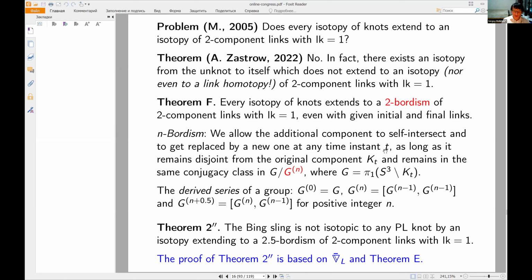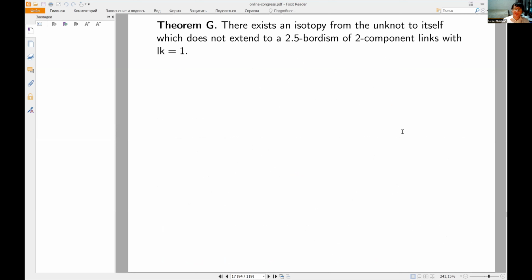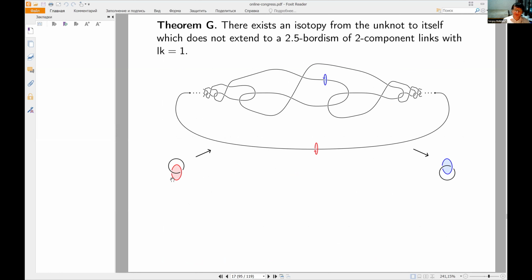But unfortunately, these two numbers are different. And so one can ask, okay, can one put 2.5 in this theorem here? Unfortunately, the answer is no. There exists an isotopy from the unknot to itself, which does not extend to a 0.5-bordism of two-component links with linking number 1. And here is this isotopy from the unknot to itself.